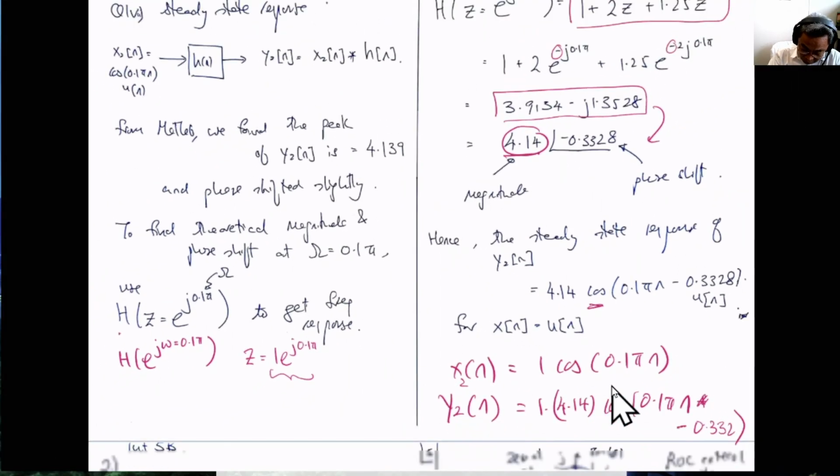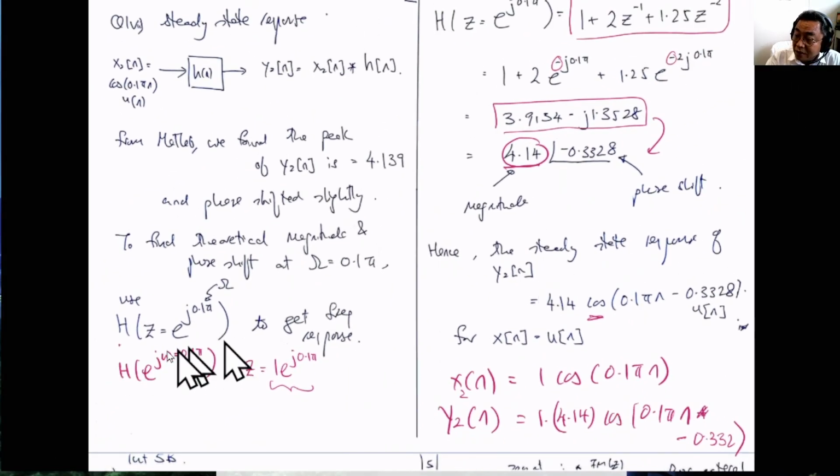So I repeat, to calculate the steady state response, you take H of z and you substitute z to be 1 e^(j omega) for the particular omega that you're interested in, and the omega was 0.1 pi for our cosine, and we get a complex number. We convert it into the polar form of magnitude and phase, and we now use the magnitude to modify our original cosine's magnitude.